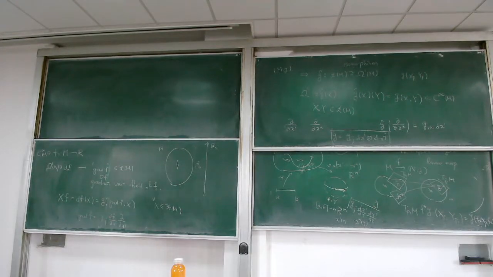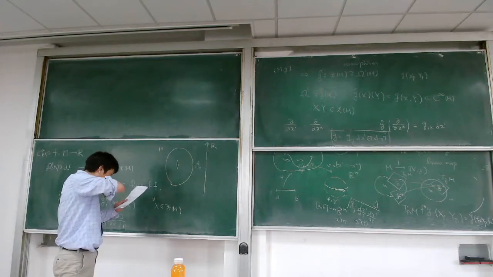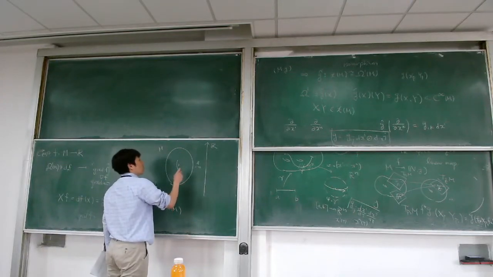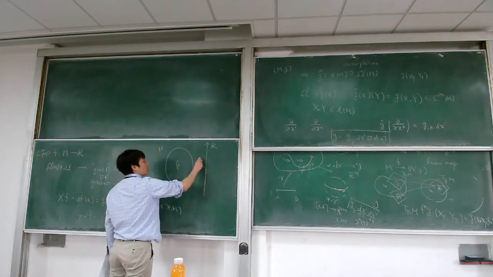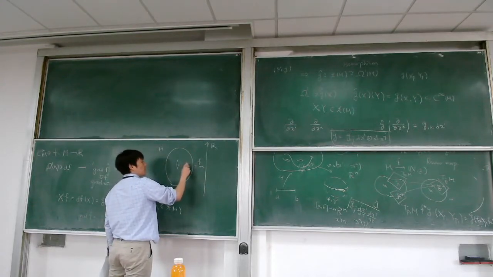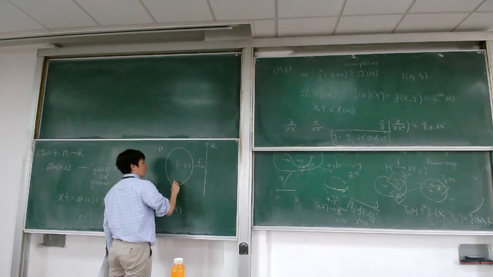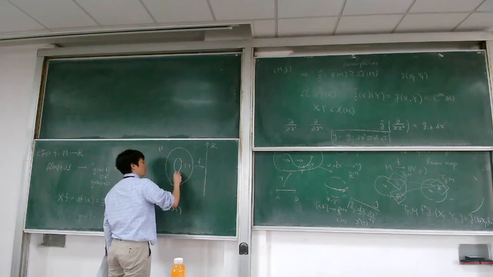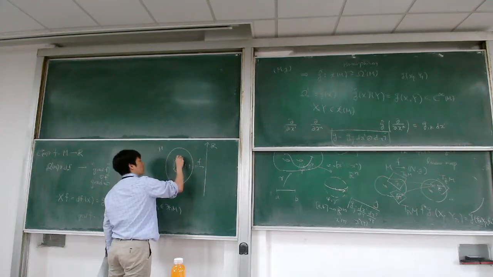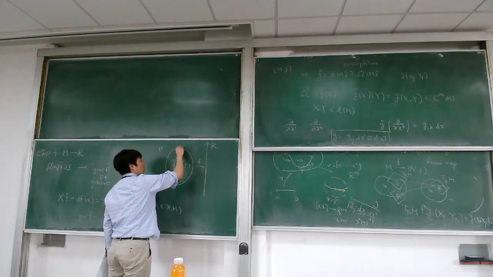Just use the Einstein convention. If you use f as a height function, the gradient vector field is something like this shape.